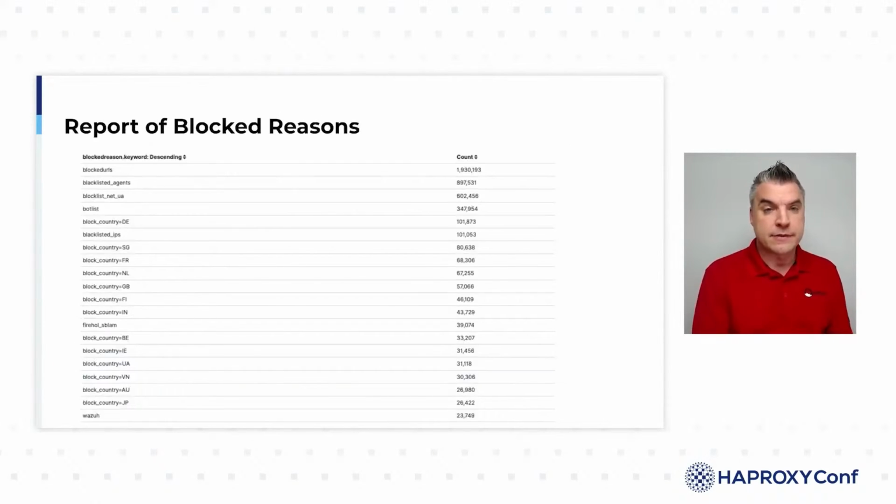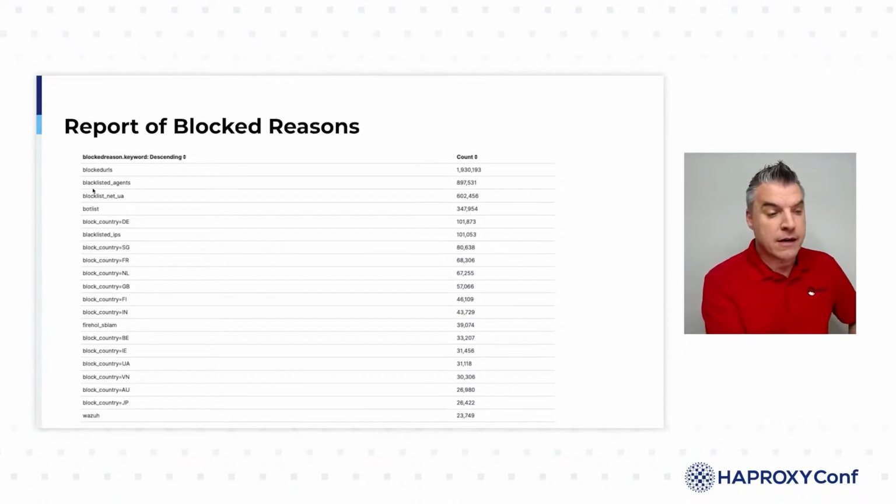Here's an example of a report that I did for the last month, showing all of the blocks that we're doing across all of our banks and how many times they did a match. You can see here for the block URLs, we had 1.9 million blocks on our network.